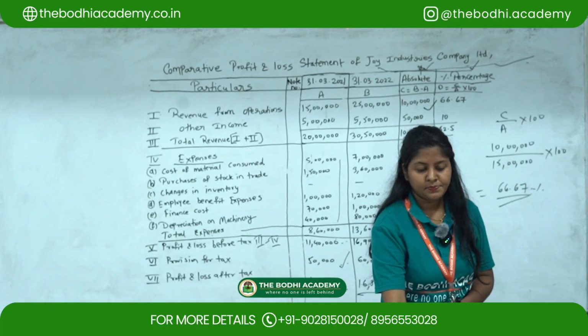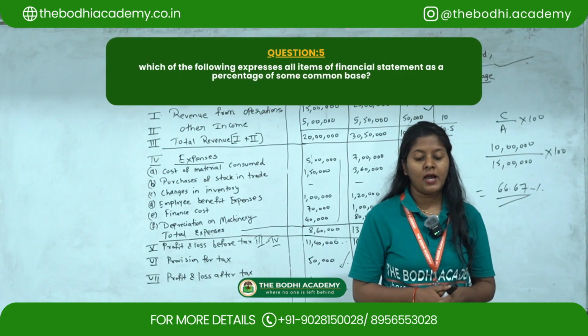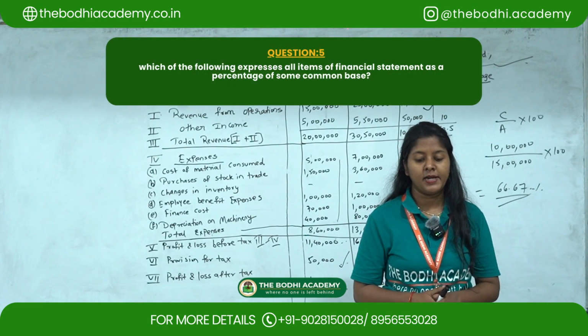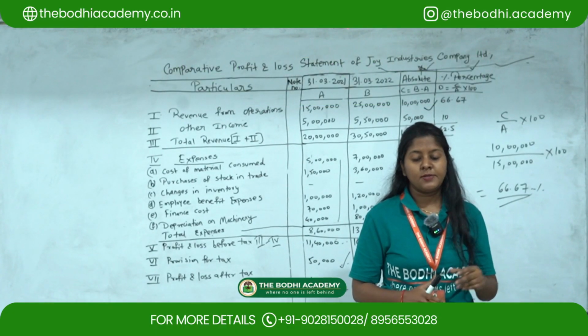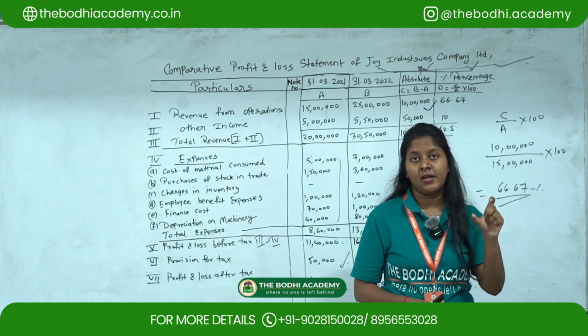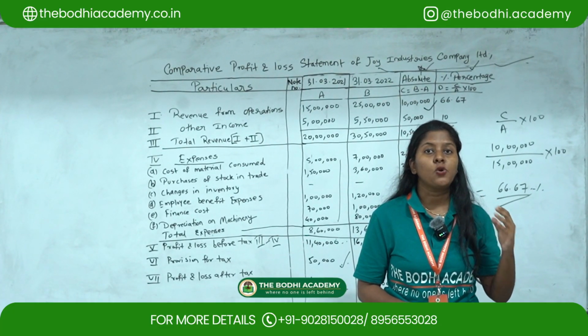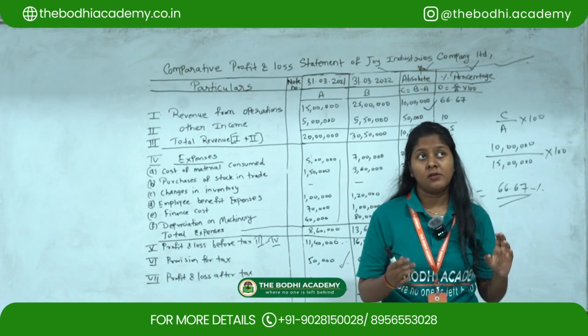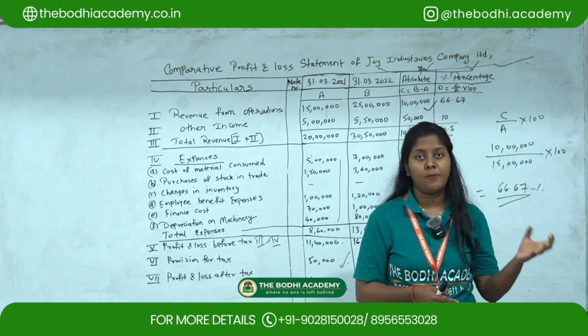Then, which of the following expresses all items of financial statement as a percentage of some common base? So as a percentage of some common base, we take each item and divide it by some common total. For that we do common size statements. Not comparative.